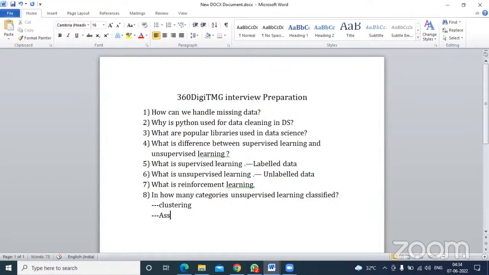Now, please tell me what is meant by clustering and what is meant by association. These are the two categories into which unsupervised learning is classified. What is meant by clustering and what is meant by association? Guys, please. Two.